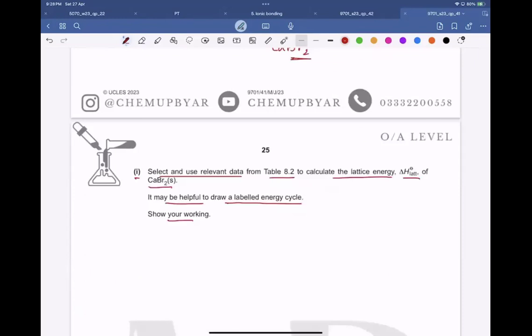If you recall the mathematical expression for the lattice energy, the lattice energy is equal to the enthalpy change of formation minus the sum of enthalpy changes of atomization plus the sum of enthalpy changes of ionization if the atom has more than one ionization.